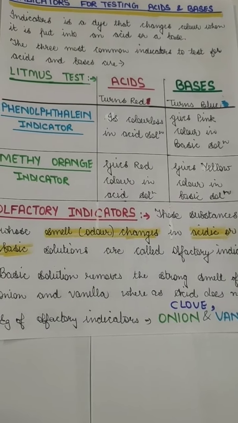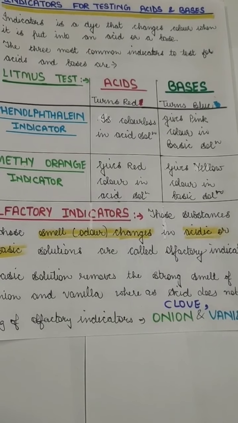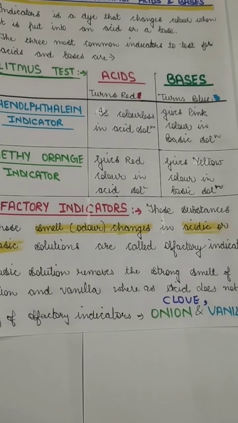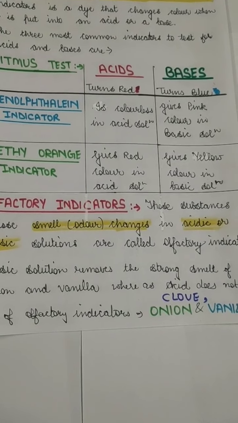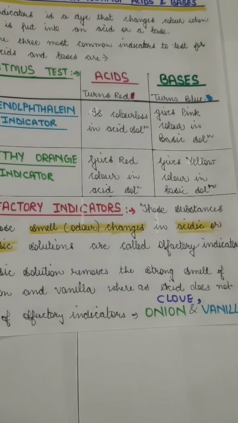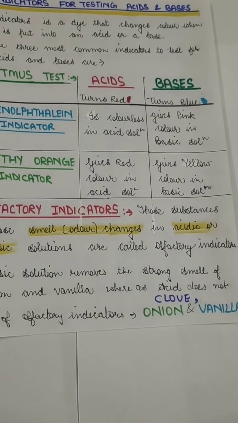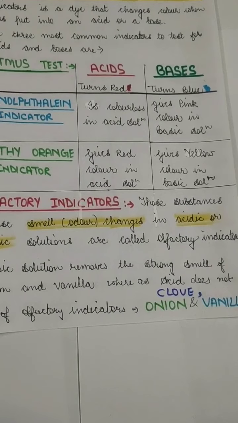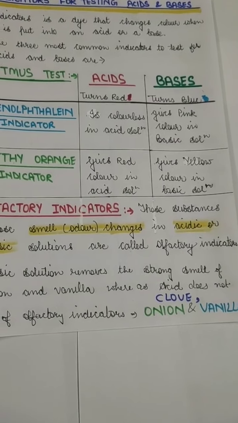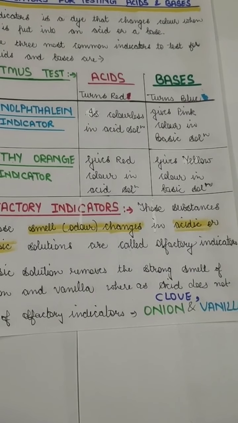When we smell the strip treated with sodium hydroxide, which is a base, the smell will be gone. We won't smell anything. But when we smell the strip treated with HCl, we will smell the vanilla fragrance. That means HCl is not able to destroy the fragrance of vanilla extract.